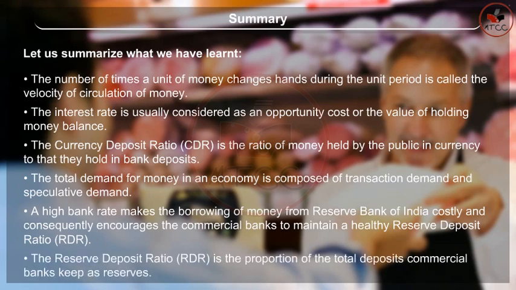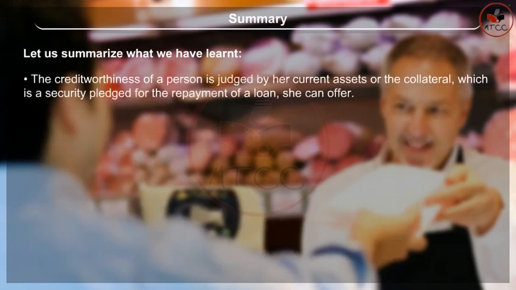The reserve deposit ratio RDR is the proportion of the total deposit commercial banks keep as reserves. The creditworthiness of a person is judged by her current assets or the collateral, which is a security pledged for the repayment of a loan she can offer.